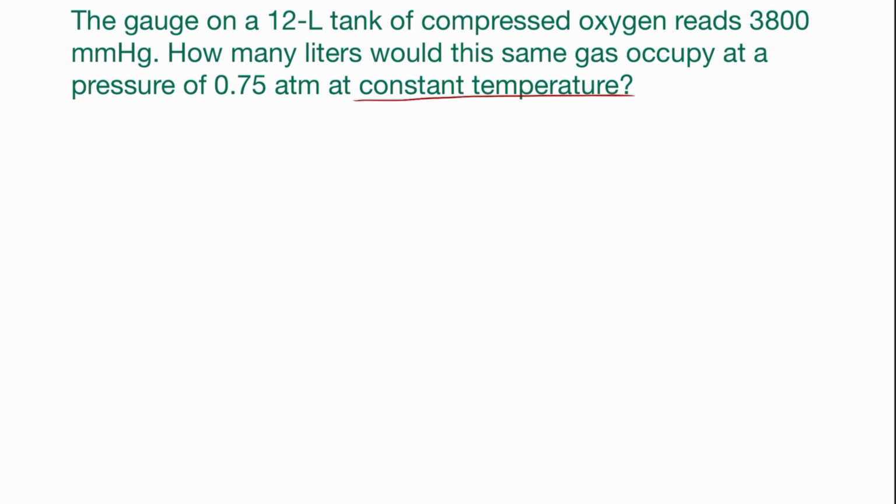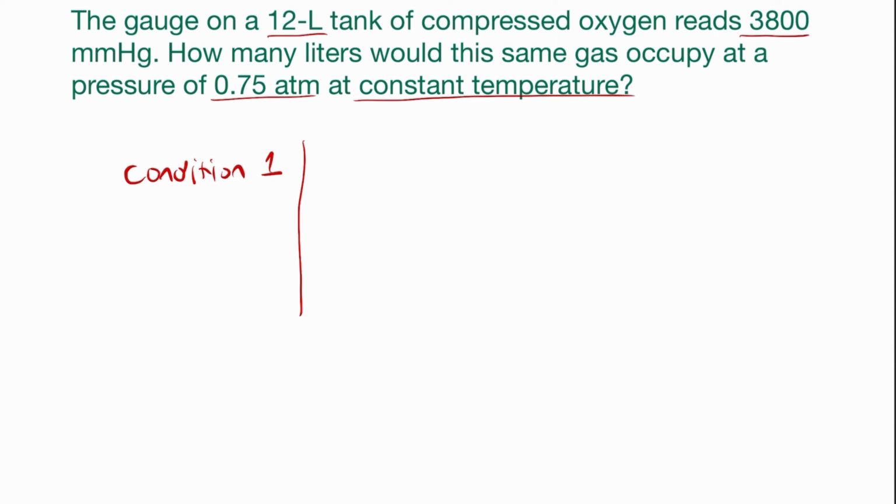So what we can do here is we're going to look at this. 3,800. We have a volume here, and then we have the 0.75 atmospheric units. So let's go to our conditions. So condition 1.